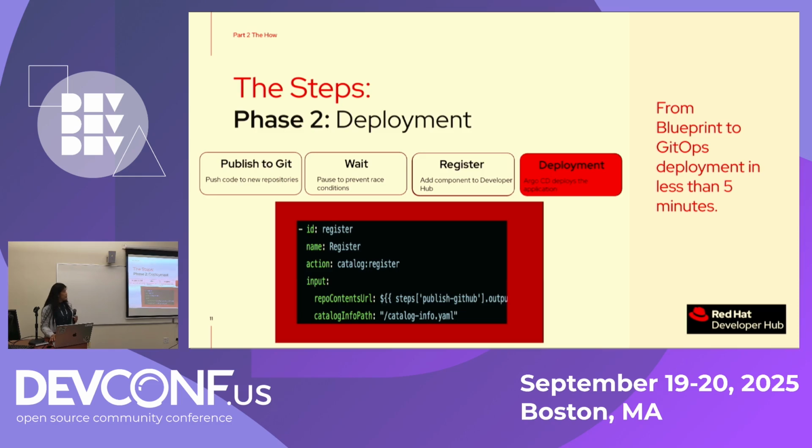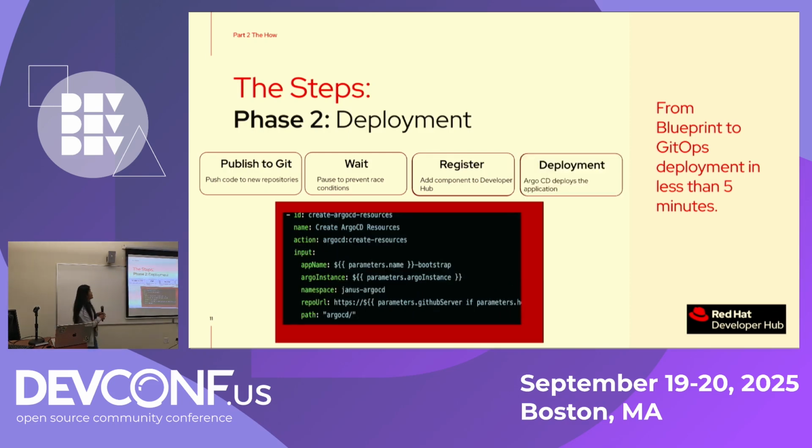And finally, what's really cool is we're connecting to Argo CD, which is another piece of software. Oh, wait a second, my animation's not working. There you go. Okay, so this action here is from Argo CD, and it creates resources.